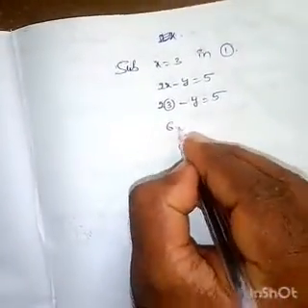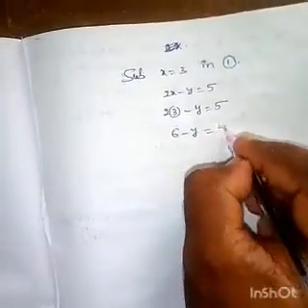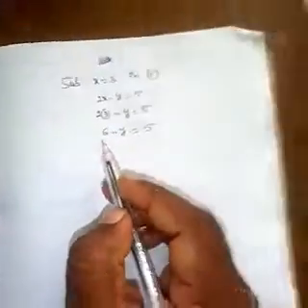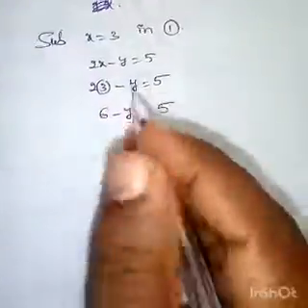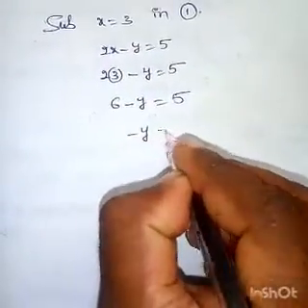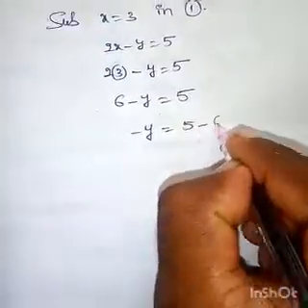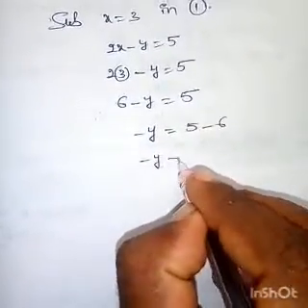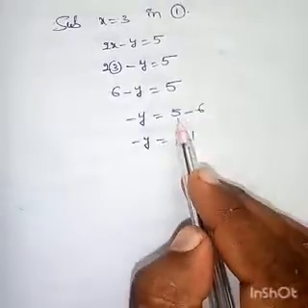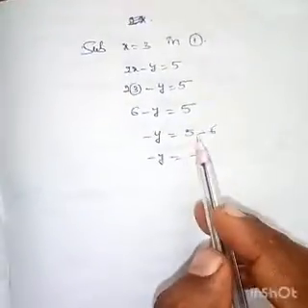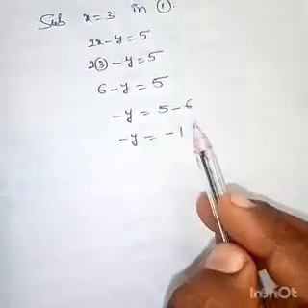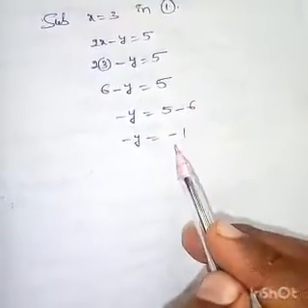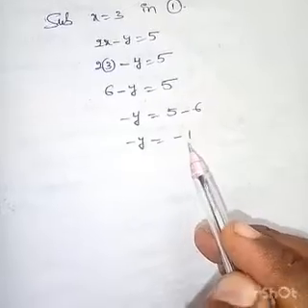2 3s are 6, minus y equal to 5. Here I want the y value only. That's why transpose the 6 value, that is minus y is equal to 5 minus 6, that is minus y equal to minus 1. 5 and 6 have different symbols, so we have to subtract one value from the other, and the larger value is minus 6, so the symbol is minus 1.